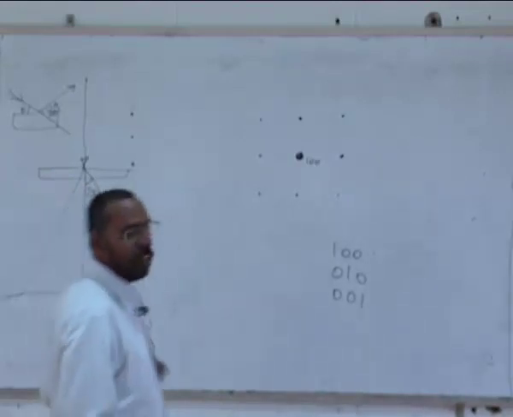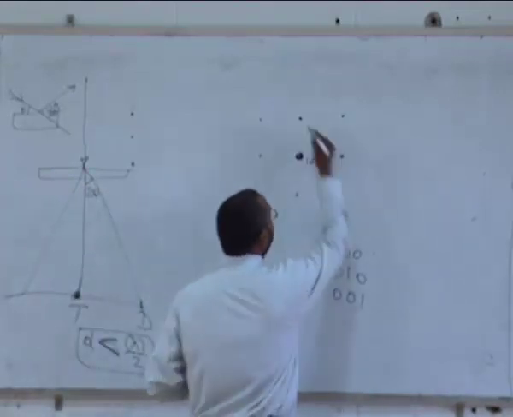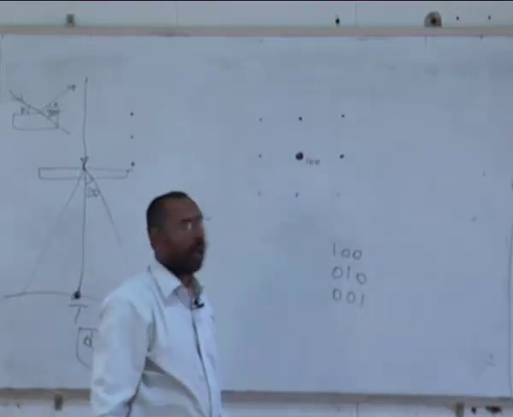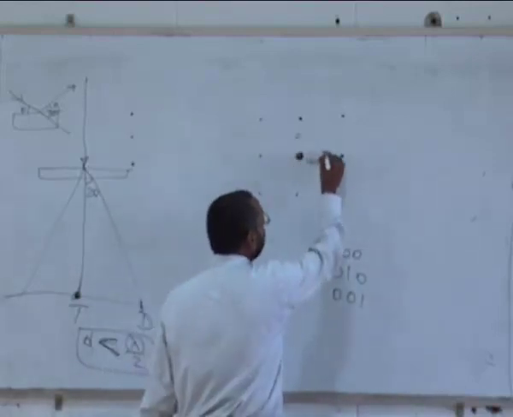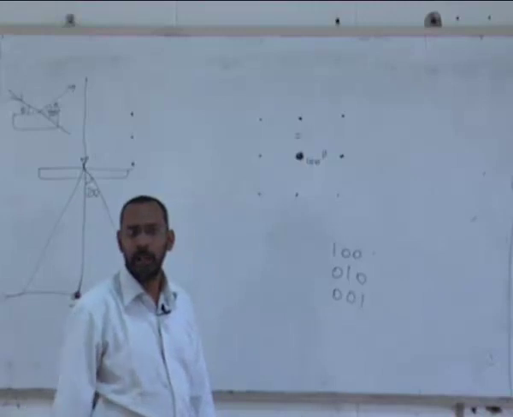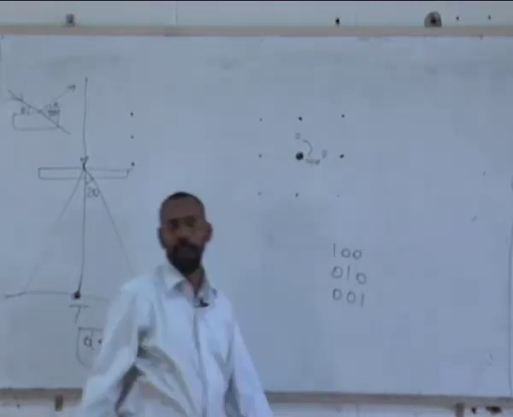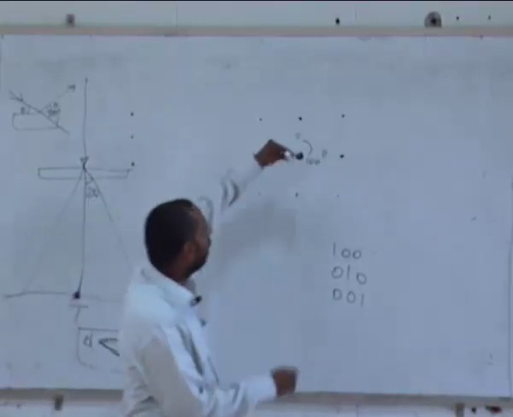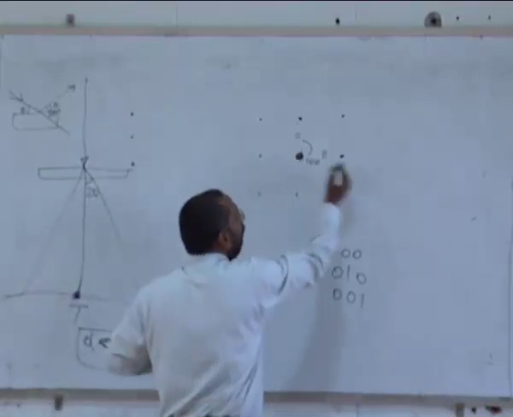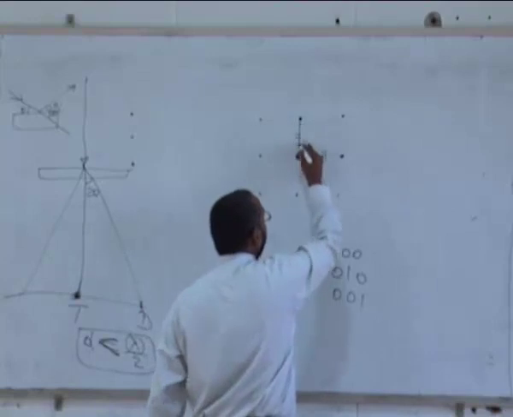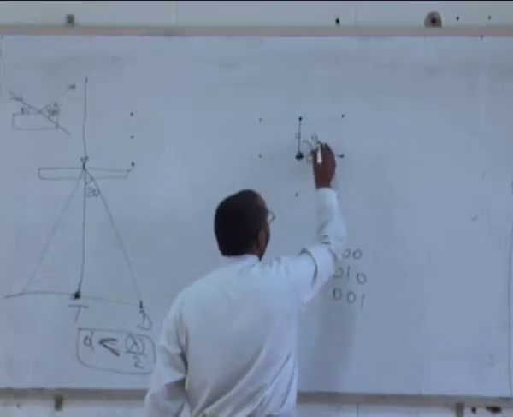And if this is 100, and these two spots are at equal distances, and at 90 degrees with respect to this. And these two are also at 90 degrees. So this angle is 90 degrees.